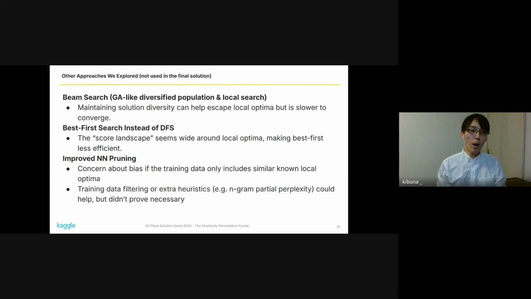One major approach we tested was beam search. So it was maybe closer to a genetic algorithm with local search. I mean, we maintained multiple solution candidates at the same time, optimizing them while preserving diversity using some criteria, such as edge entropy or the size of the longest common subsequences between each other.